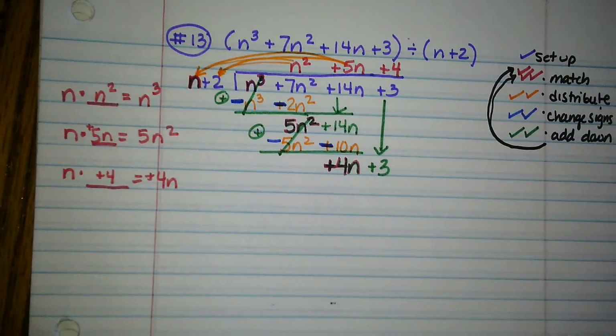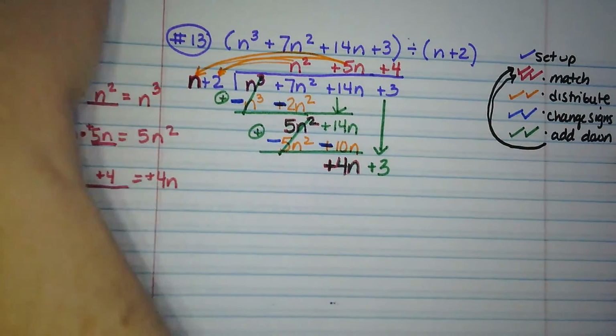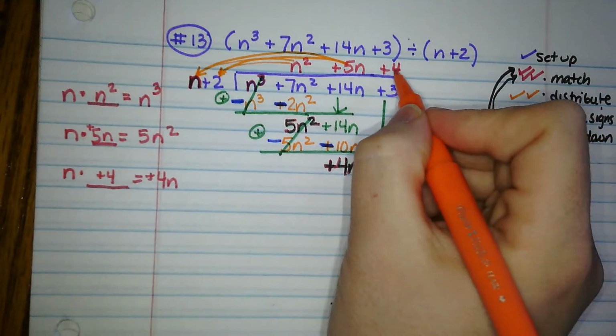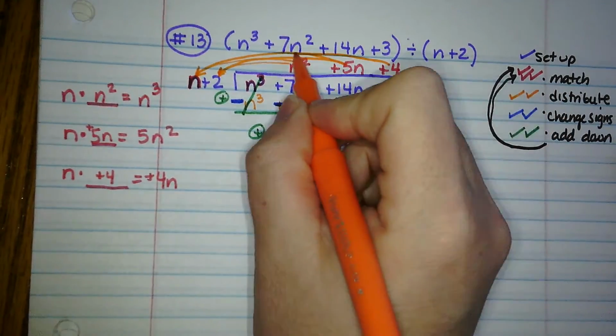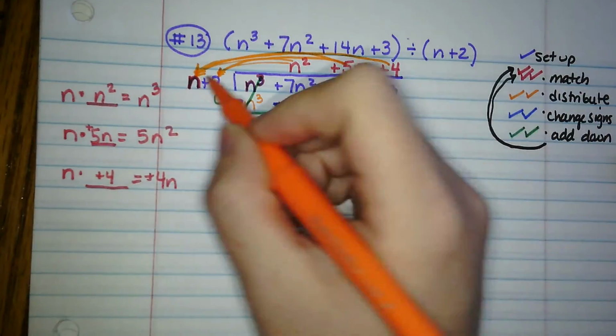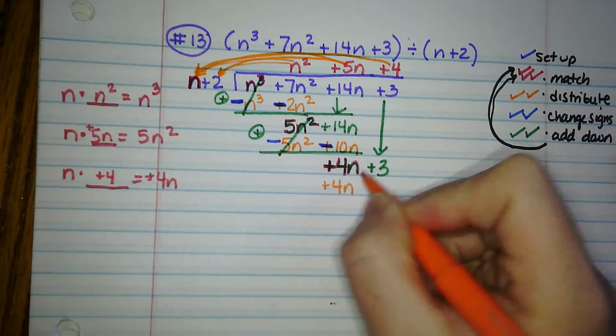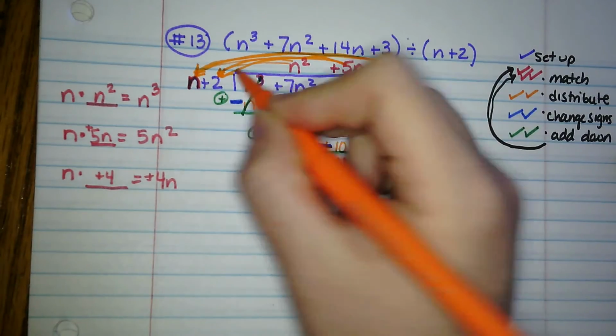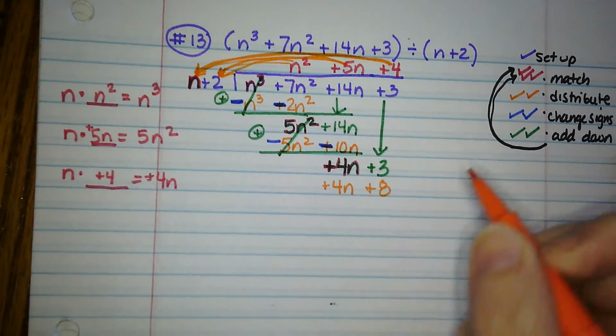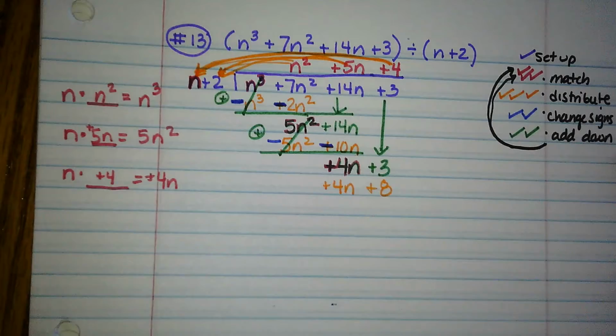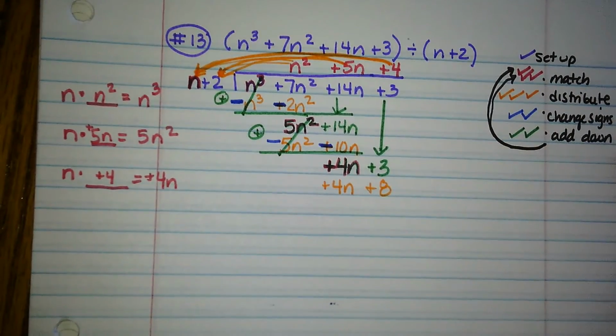Match step complete. I need to distribute. Now I've got to take the 4 and go all the way outside with it. Positive 4 times n, positive 4 times 2. Distribute step complete. Change my signs.